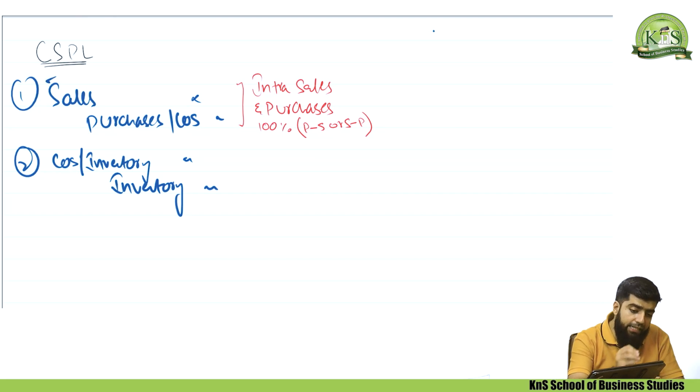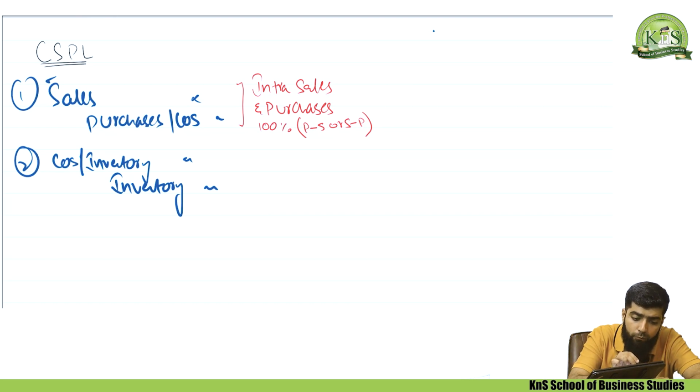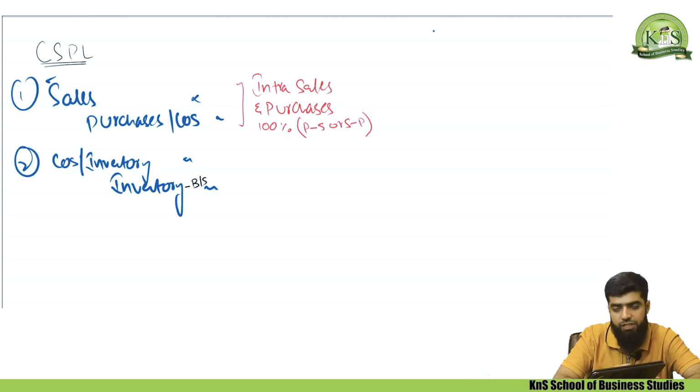Once we eliminate the total intra sales, the unrealized profit is automatically eliminated from the sales of the subsidiary company, and now it needs to be removed from the inventory of the parent company. We know that inventory is recorded in the income statement as well as in the balance sheet. So we are crediting the inventory of the P company, and that impact will be on the balance sheet side.